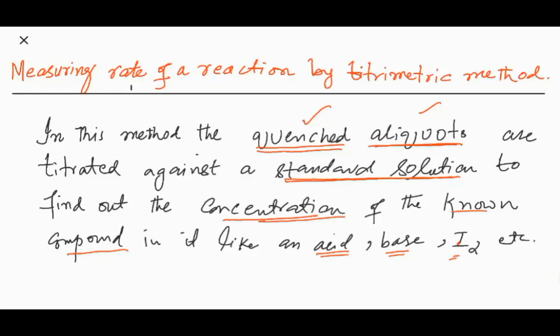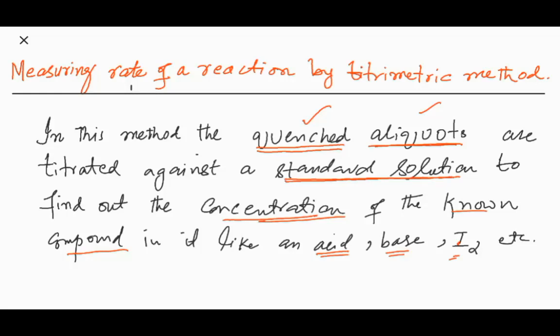Hi, dear students. Today we are discussing two more methods to find out the rate of a chemical reaction. So let us start with the first method, that is the titrimetric method.